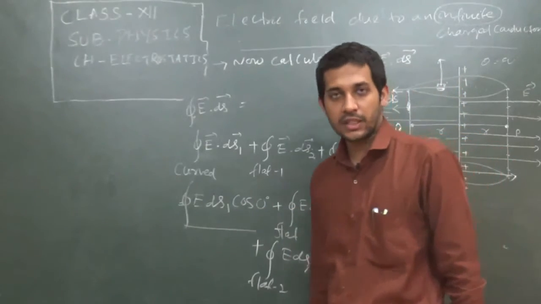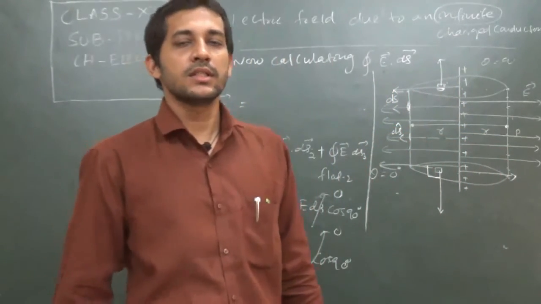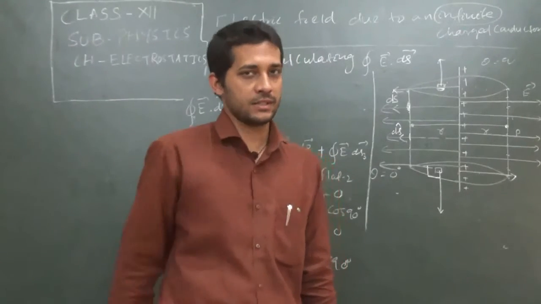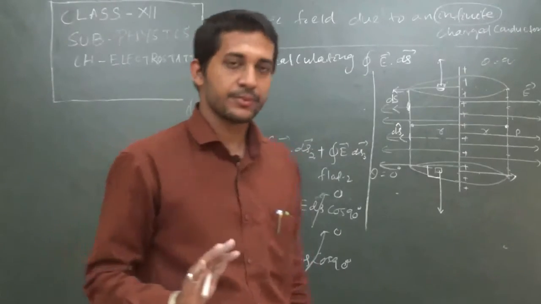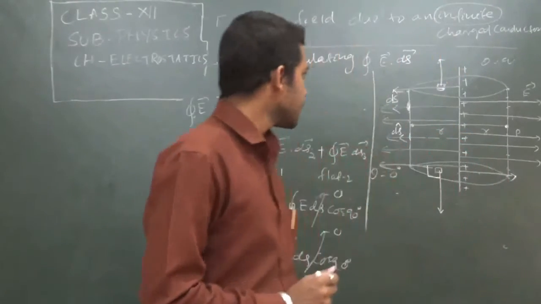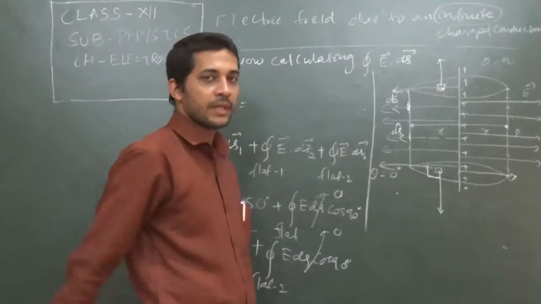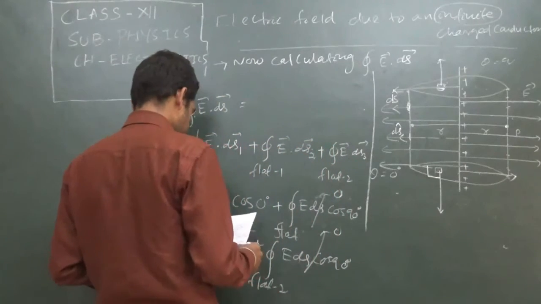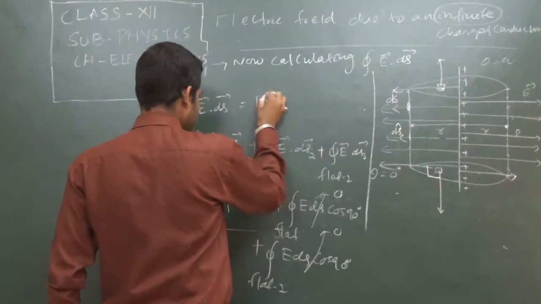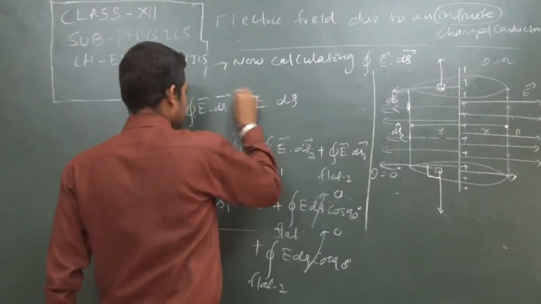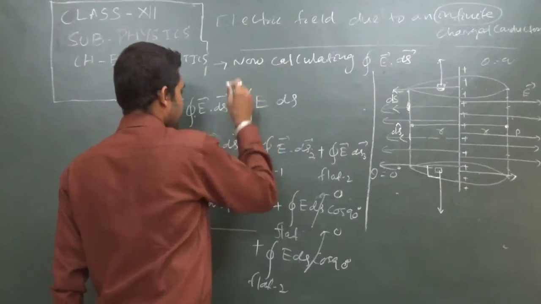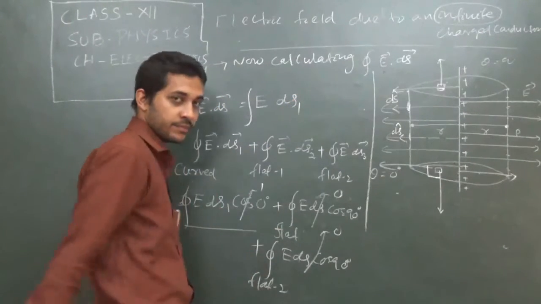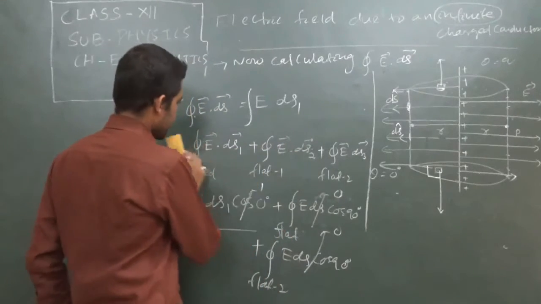That means in the case of an infinitely long conductor, we got the Gaussian surface as a cylinder, and only the curved surface is going to contain the flux. The upper and lower parts don't have any contribution in our calculation of electric flux. So E dot ds is going to be only E ds, since cos 0 becomes 1, so you will get E ds1. Clear? Got this one?